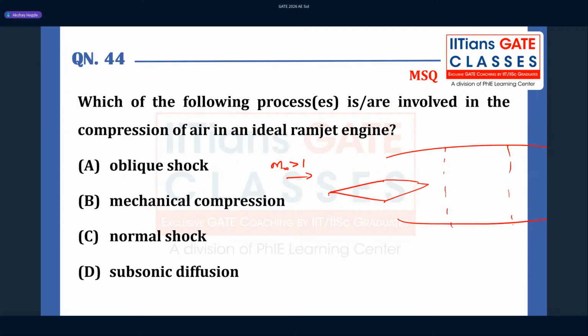As soon as a supersonic flow encounters a compression corner, we see an oblique shock, and then at the throat we have a normal shock. Also behind that it is subsonic. So we have the supersonic part of the diffuser, and the sonic part of the diffuser.